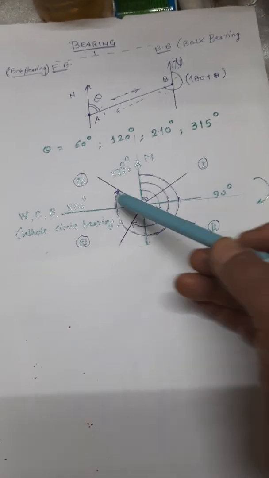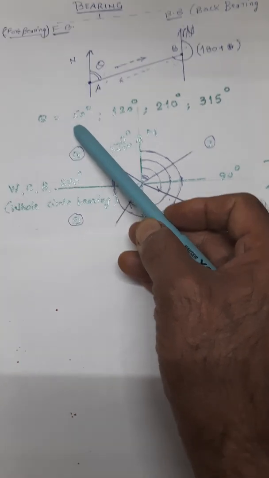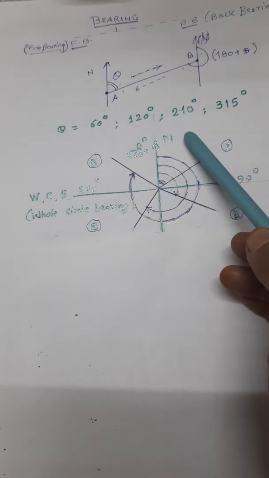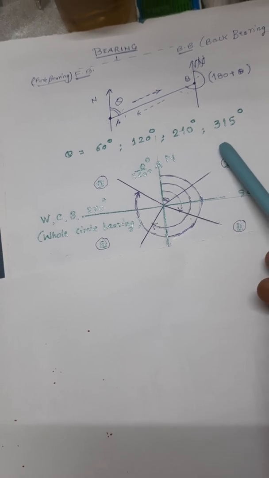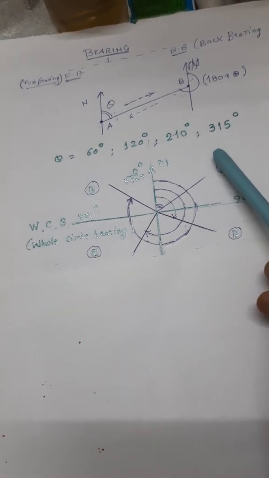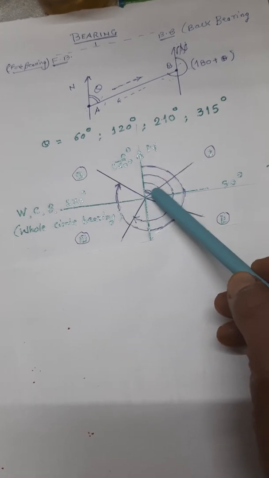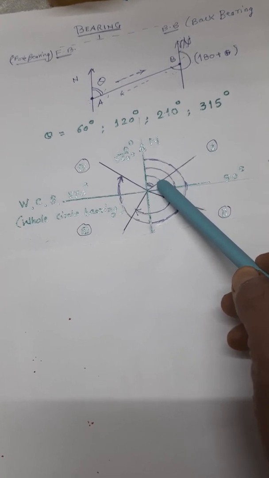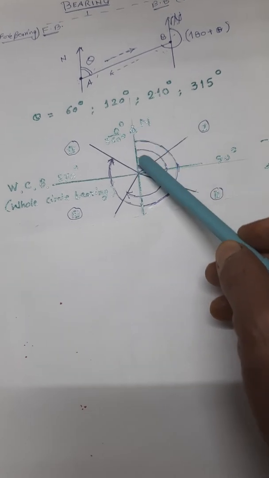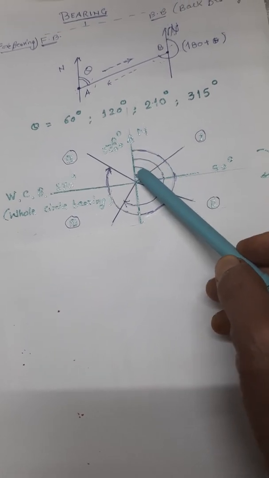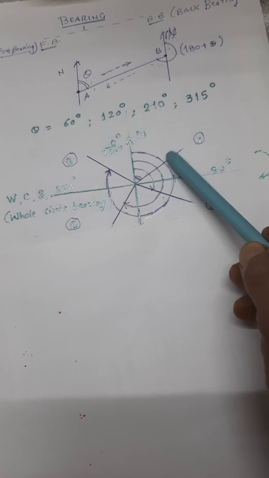Similarly, let's see, I have given some angles of 60 degrees, 120 degrees, 210 degrees, and 315 degrees. Here you can see, this is the first line which makes an angle of 60 degrees with the normal north. It is in the first quadrant.